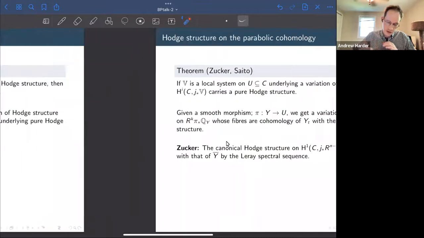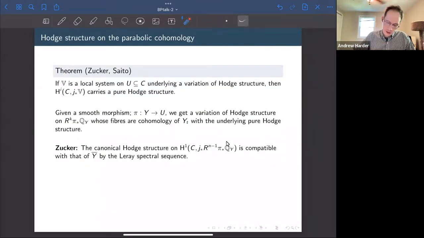One thing that Zucker proved is that if I have a map Y to U, I can compactify Y bar to a smooth projective. What Zucker proved was that the canonical Hodge structure on the push forward of the local system on this part here, this is our pi, is compatible with the Hodge structure on Y bar by the Leray spectral sequence.